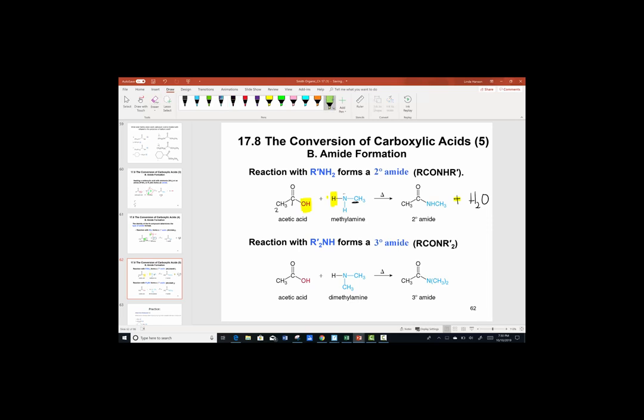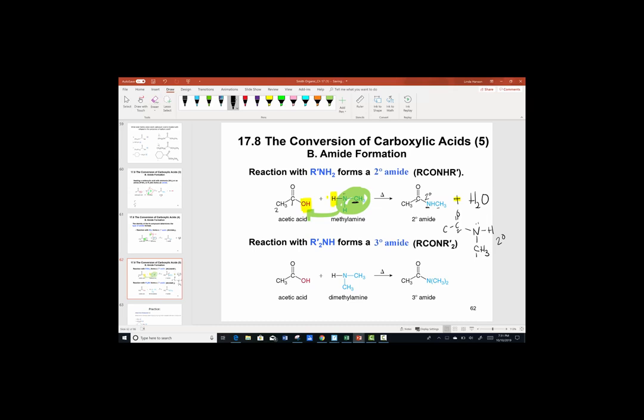And then this entire structure will go on in the place of the OH group. And this time we have formed a secondary amide, because this nitrogen is attached to 2 other carbons. So just to clarify how that would look, the nitrogen is attached directly. You have a carbon coming down and a hydrogen going off the other direction. So that's why it's called a secondary amide. It's attached to 2 other carbons.